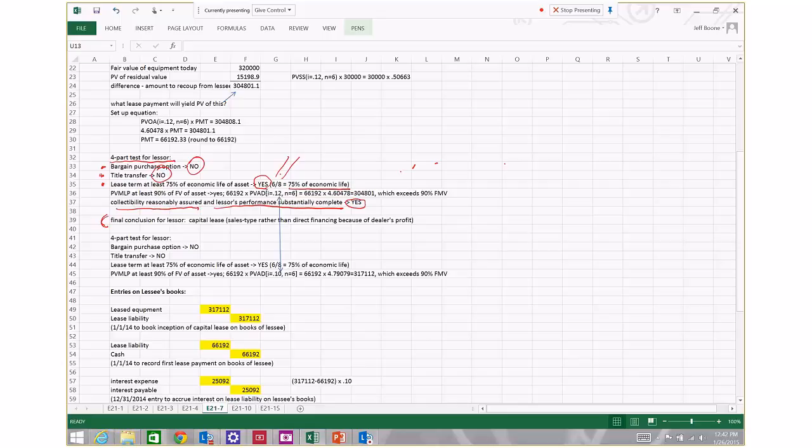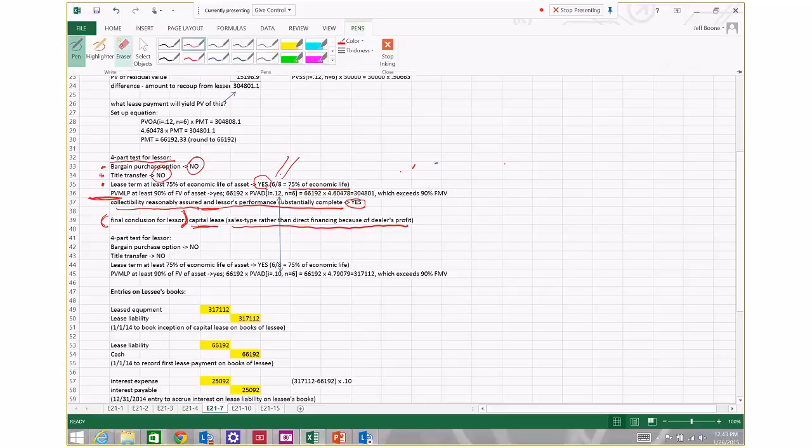Therefore, since we answered yes to one of the four questions in the four-part test, and we answered yes to these other two questions, the final conclusion for the lessor is yes, this is a capital lease, and specifically it's a sales type lease rather than a direct financing lease because of the presence of the dealer's profit.